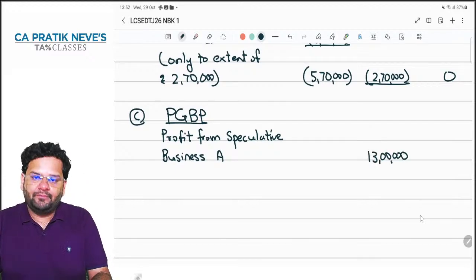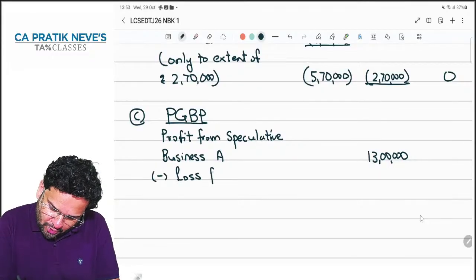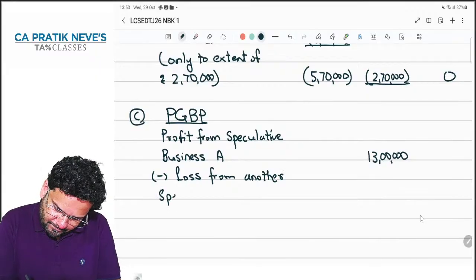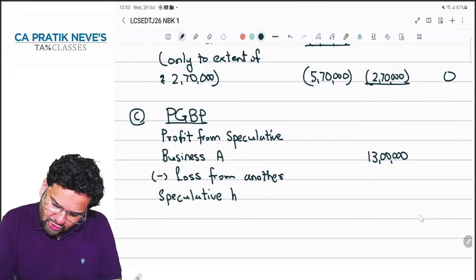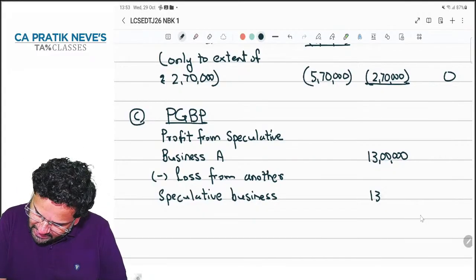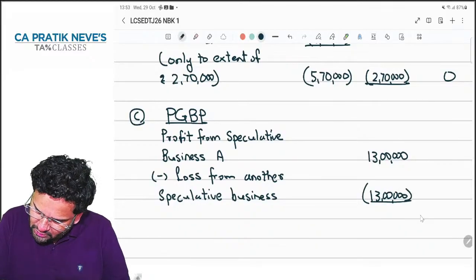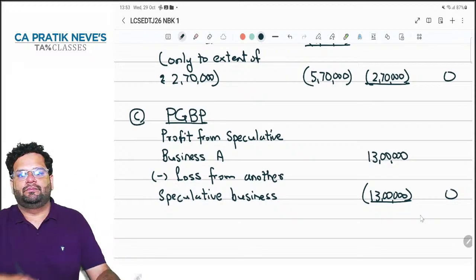Less loss from another speculative business. Actually it is 14 lakhs, but we don't need 14 lakhs. We need only 13 lakhs. So this will become 0.